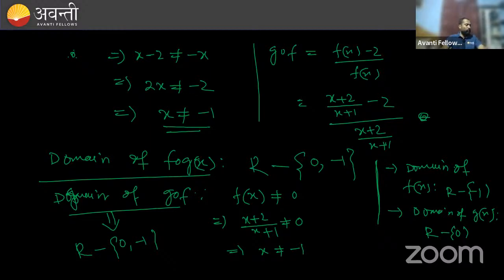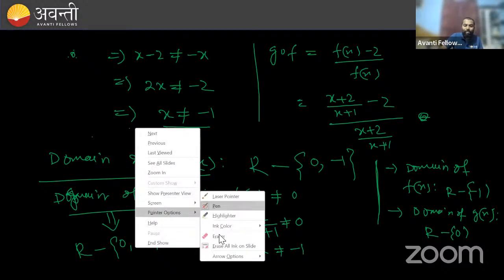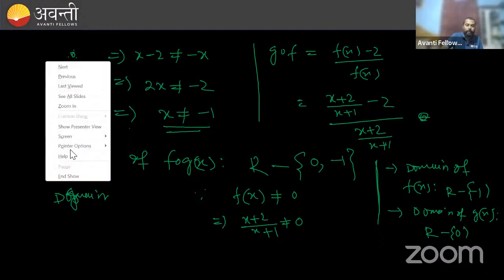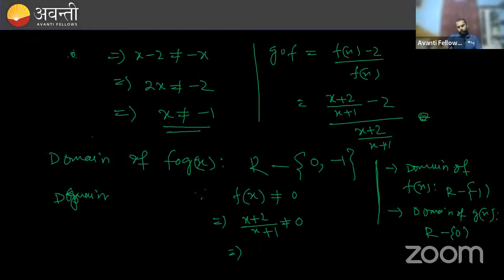ये तो हो गया. फिर sorry, we did some mistake, I think. If we'll calculate it, let's see, what we are getting, we'll get x plus 2 is not equal to 0. So x is not equal to minus 2, right?